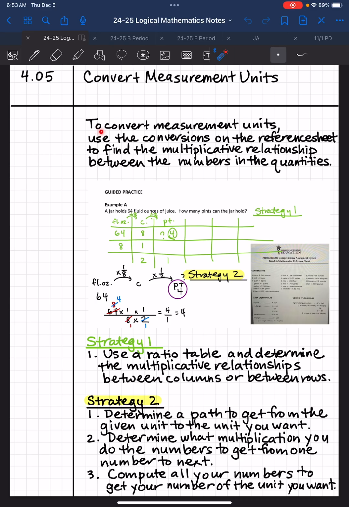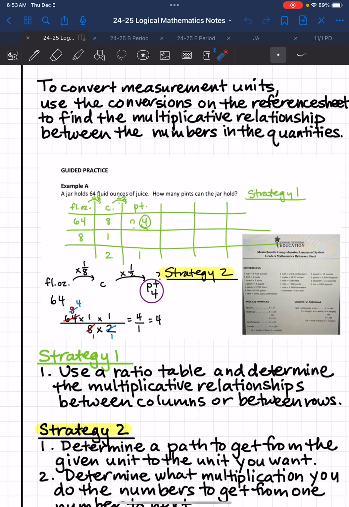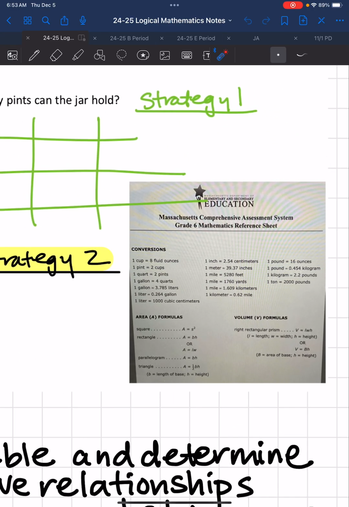So to start, we say that to convert measurement units, to go from inches to miles or to go from feet to centimeters, we're going to have to use conversions using this reference sheet that is right here. This reference sheet has the conversions that we can use in order to go from one measurement unit to another measurement unit.